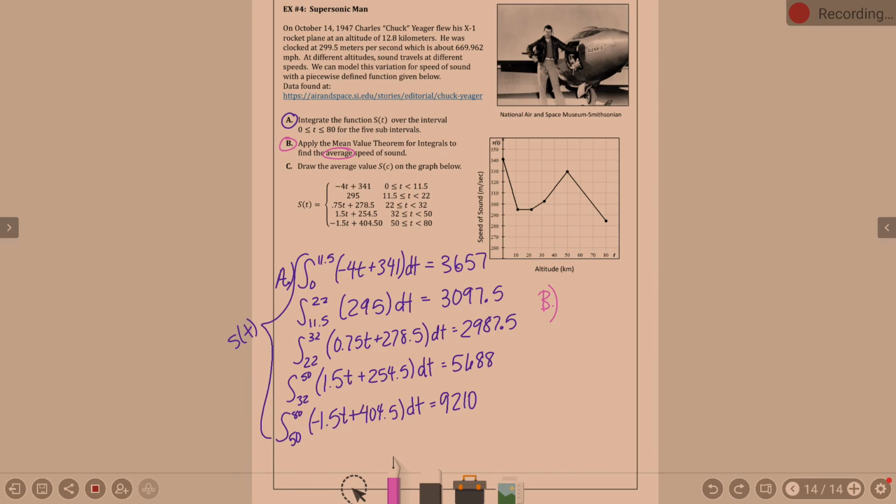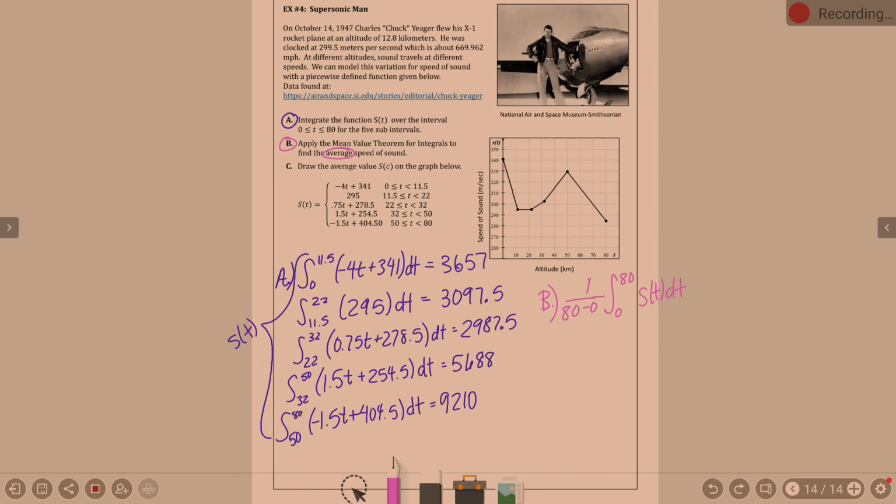Or 1 over 50 minus 11.5? No. 80 minus 0. The integral is officially 0 to 80, yes. So 1 over 80 minus 0 times the integral from 0 to 80 of S of t dt.